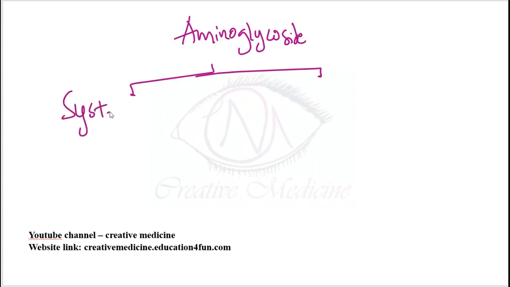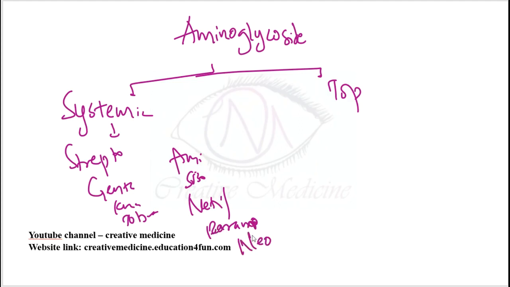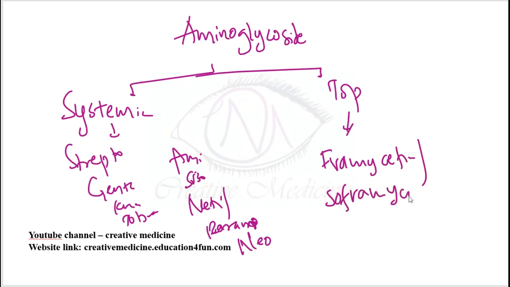First, we have systemic aminoglycosides, and we also have topical aminoglycosides. Systemic aminoglycosides include streptomycin, gentamicin, kanamycin, tobramycin, amikacin, sisomicin, netilmicin, paromomycin, and neomycin. Whereas among topical aminoglycosides, we have framycetin, or Soframycin.